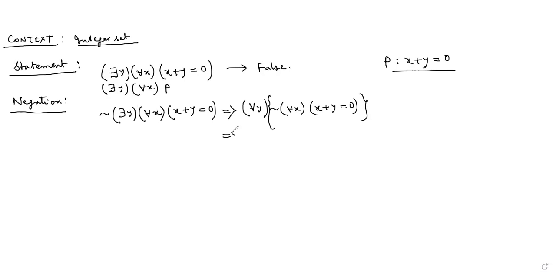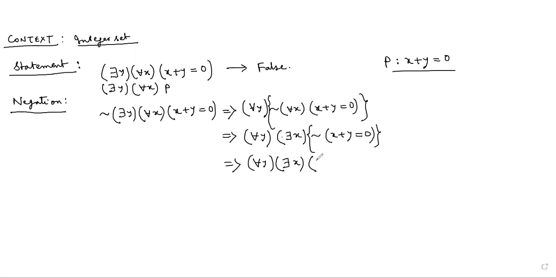Then for all x becomes there exists x, and negation is further carried forward. So we write for all y, there exists x such that x plus y not equal to 0, and definitely this statement is true.